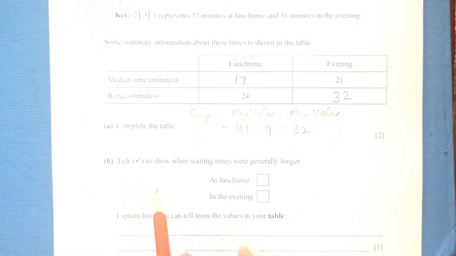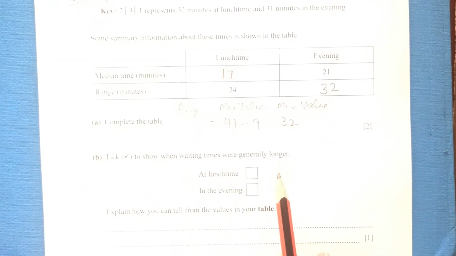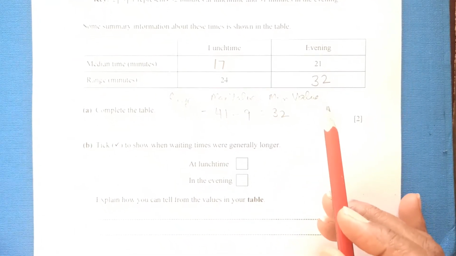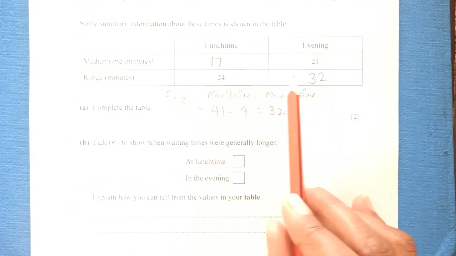Part B, tick to show when waiting time was generally longer. So we can see waiting time is longer in the evening. The reason, how do you know?